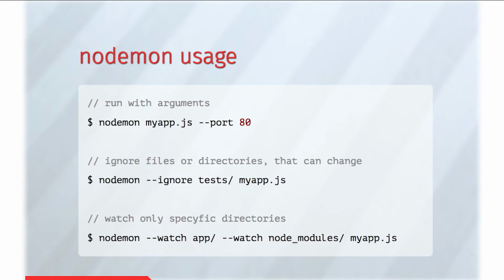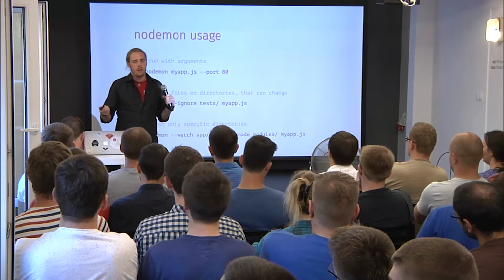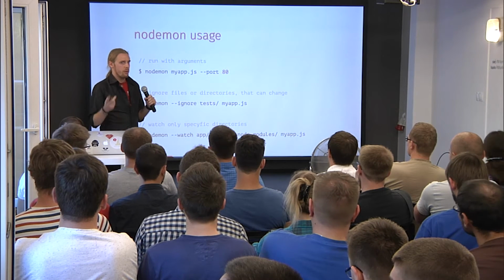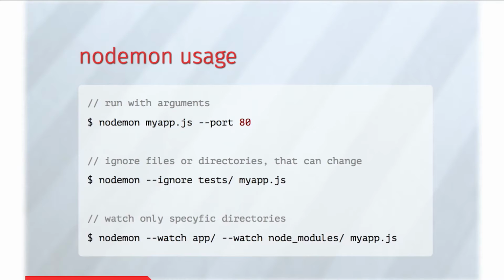For example, those might be unit tests, because if I change a unit test, I don't expect my project to be relaunched. Or you can go the other way around and say, hey, Node daemon, watch only for the app and no modules directories. If something changes, then restart my application. If no, okay, don't do anything.